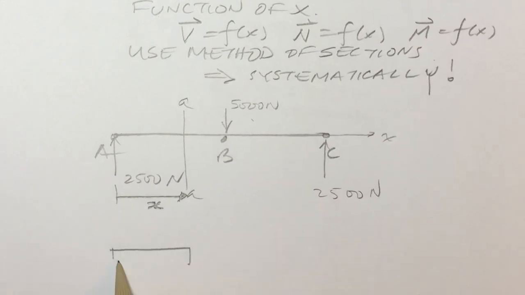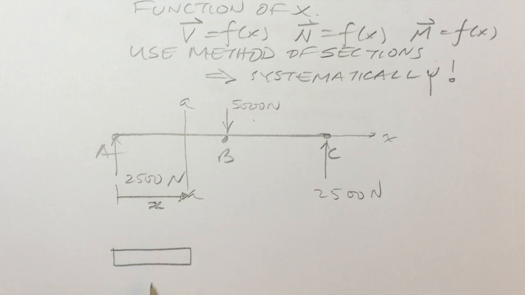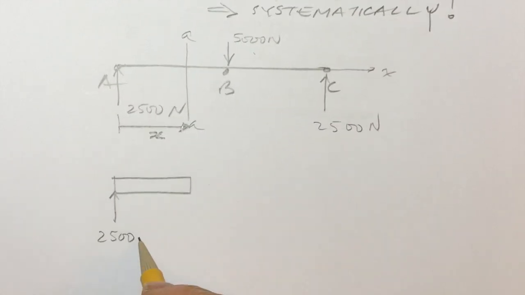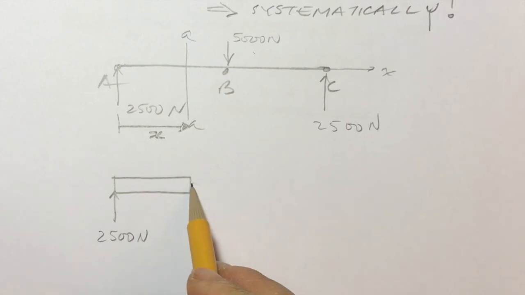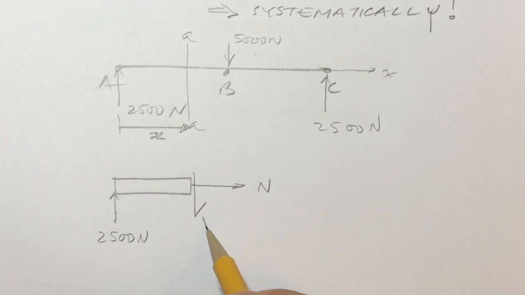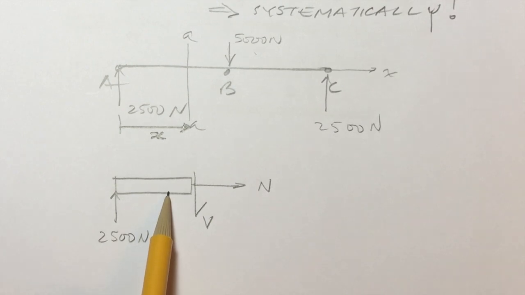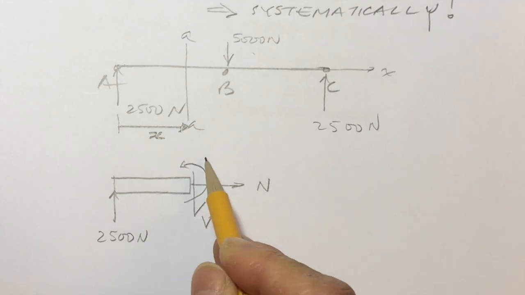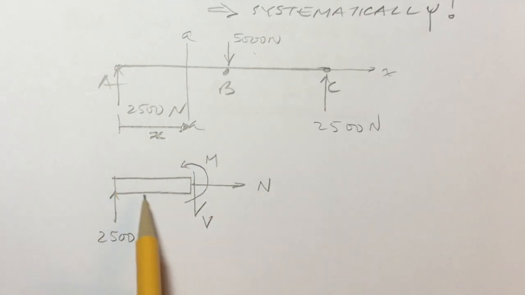I draw my free body diagram of that section, and I indicate all the forces that the section is subjected to. So I'm going to assume that there's a normal force that puts this member in tension, a shear force that puts this member in a clockwise rotation, and a moment that causes this member to bend in a concave fashion.